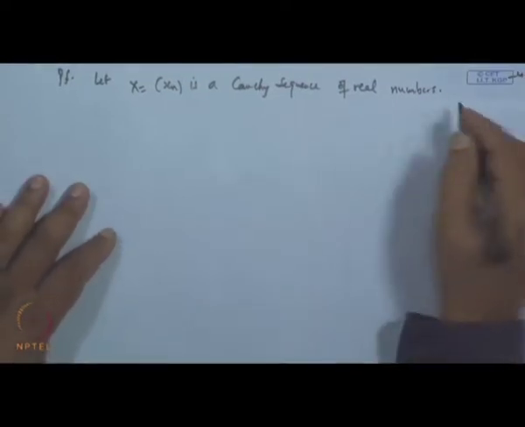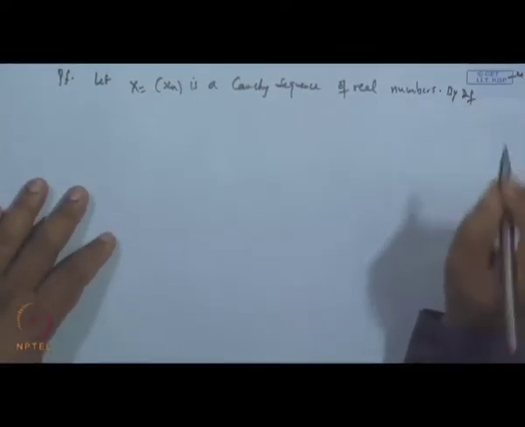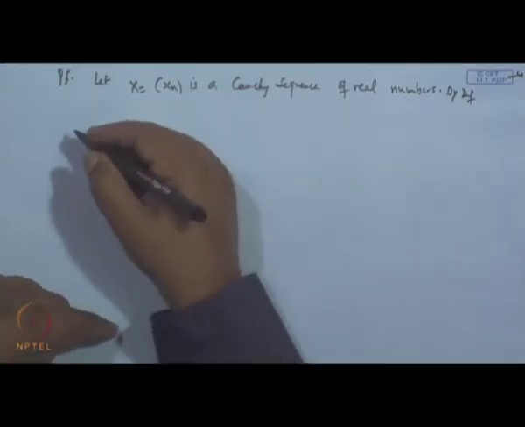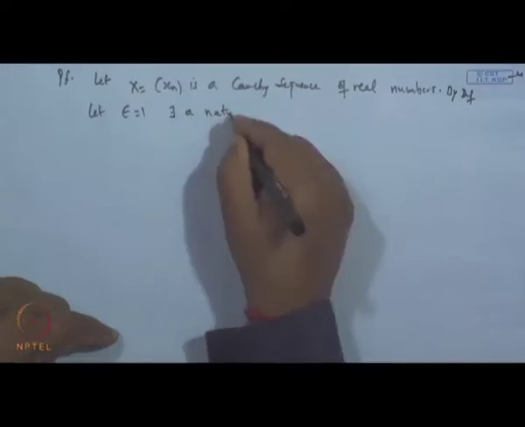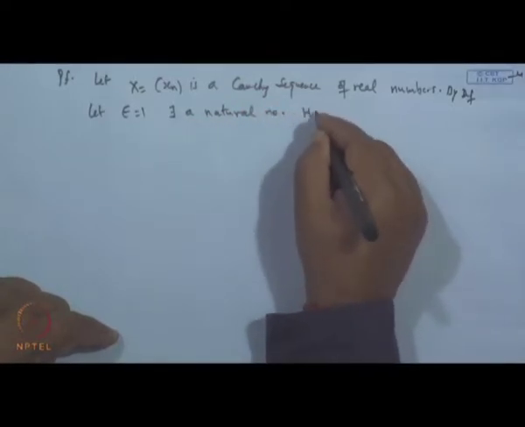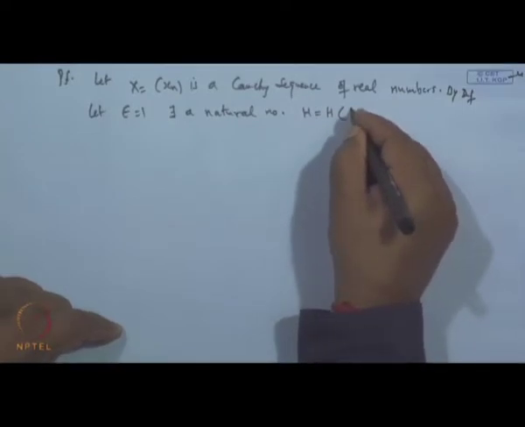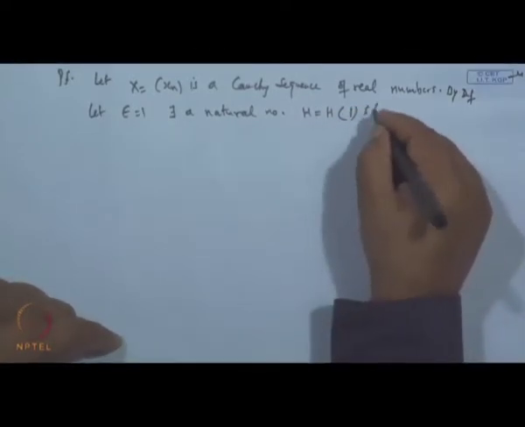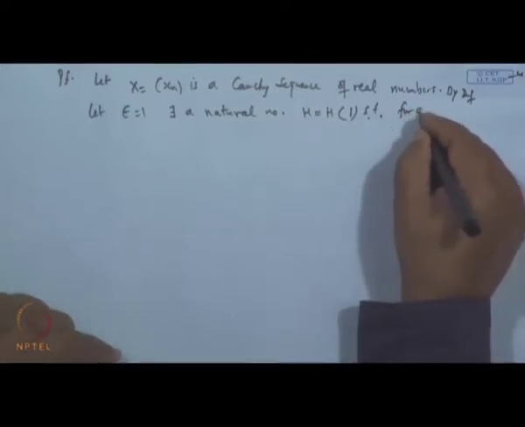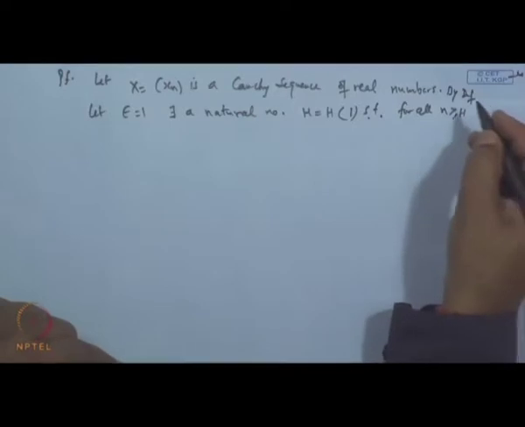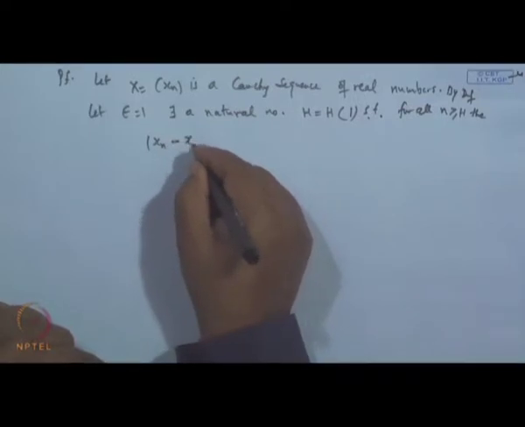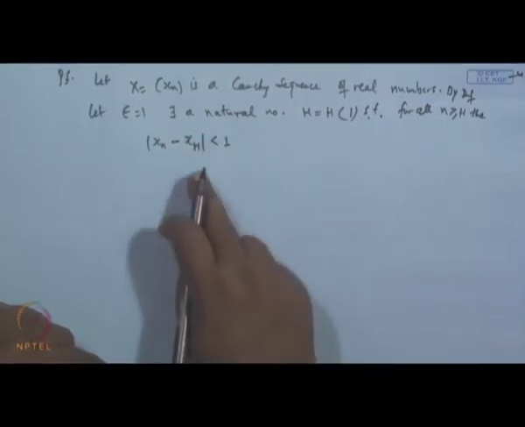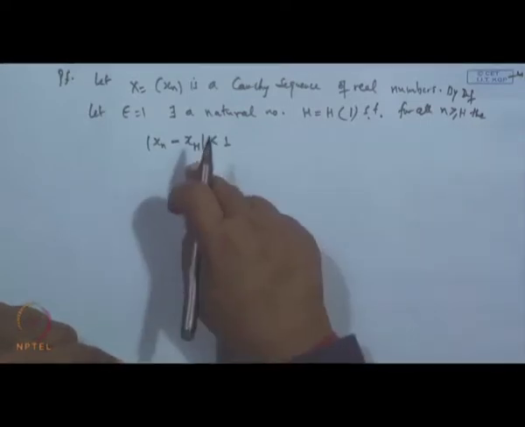By definition, for any epsilon greater than 0, let epsilon be equal to 1. Corresponding to this epsilon, there exists a natural number h, which depends on epsilon, such that for all n greater than or equal to h, the difference between x n and x h is less than 1, because m we can choose m as h.